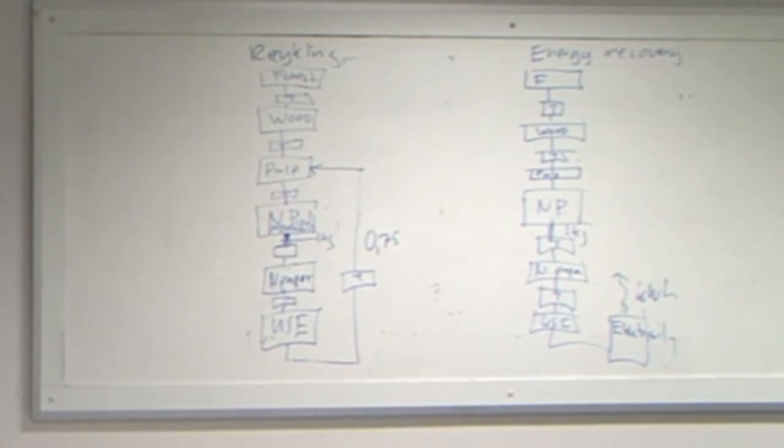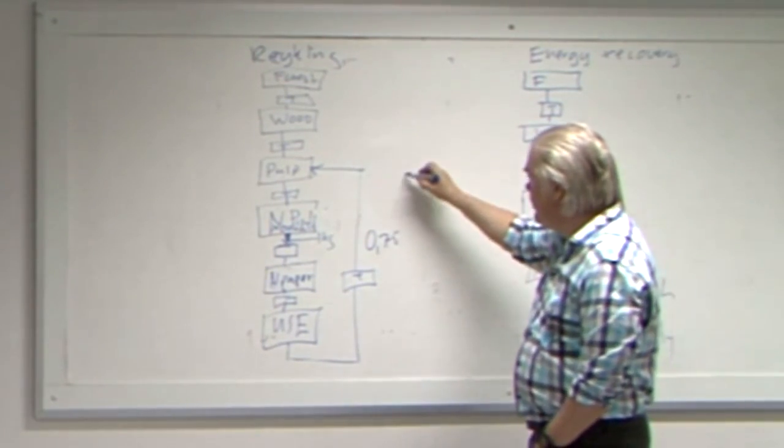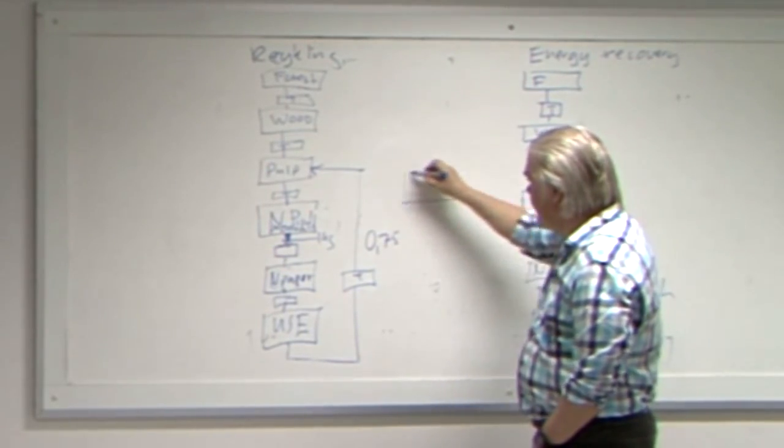So here we could do some allocation, saying so much is for the paper or electricity and so much is for newsprint. But what we normally do is expand the system to make them comparable.